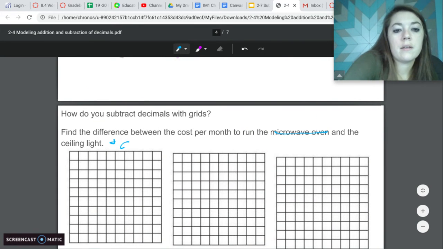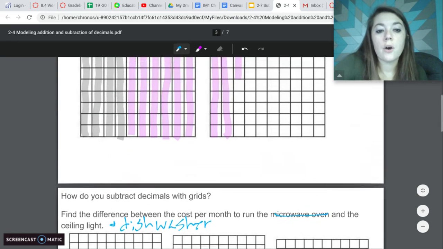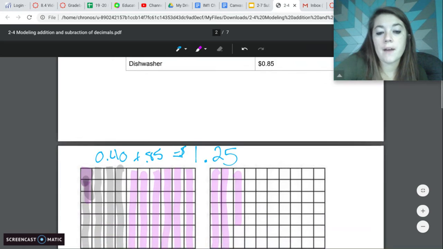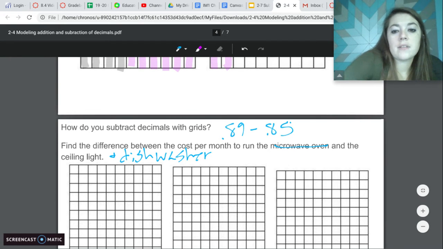It's going to be a little easier. I don't have quite enough grids on here. So ceiling light, it says, is 89 cents, and the dishwasher was 85 cents.